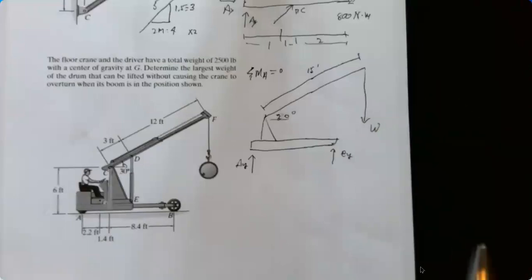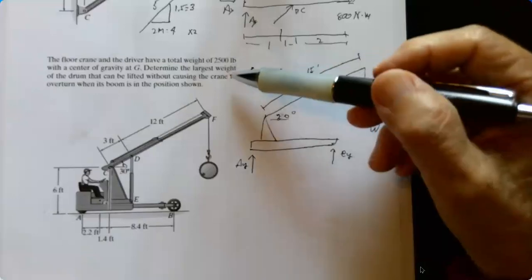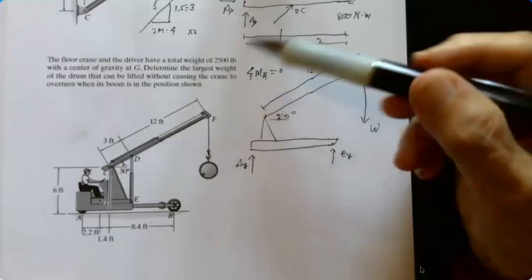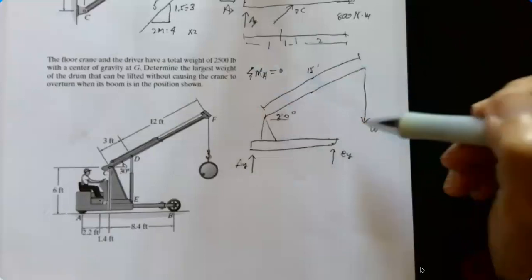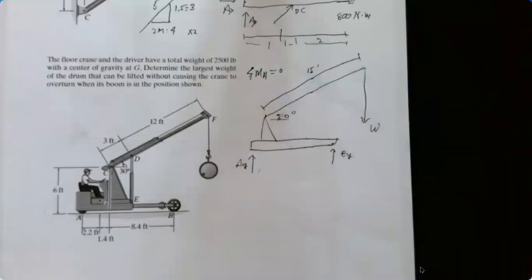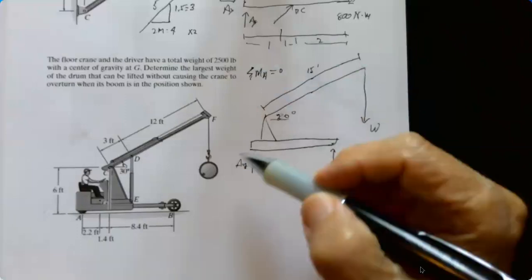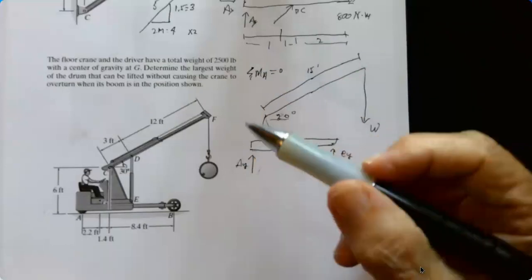Okay, here's where this problem is unusual. You have to use a little bit of judgment to look at what is happening in this situation when the crane is just getting ready to overturn. So when this starts to just overturn, what happens to this reaction here on this wheel at A? Well, this wheel is just starting to lift. It's on the verge of lifting.